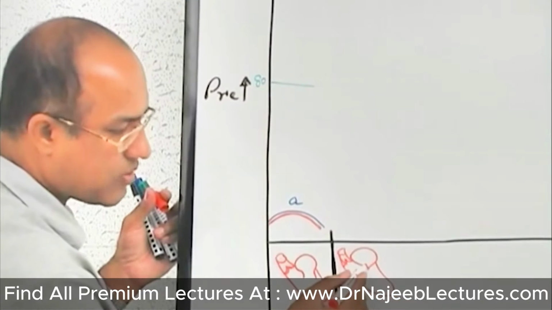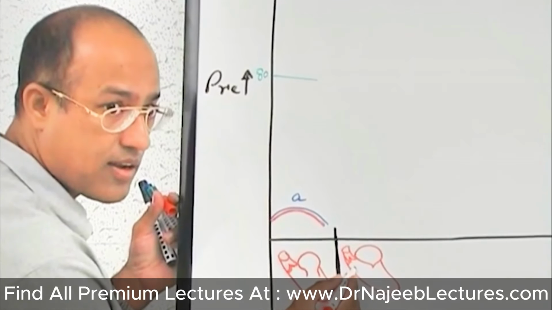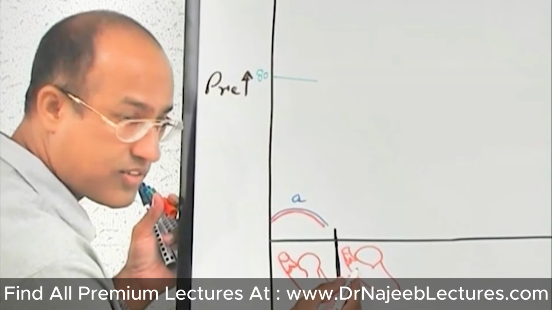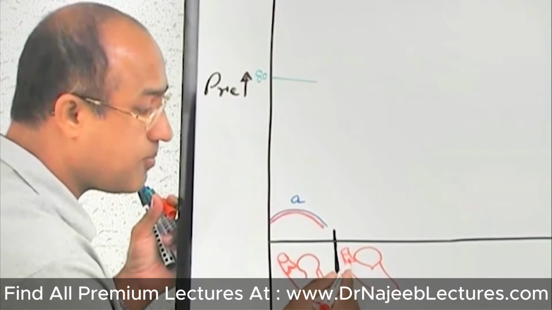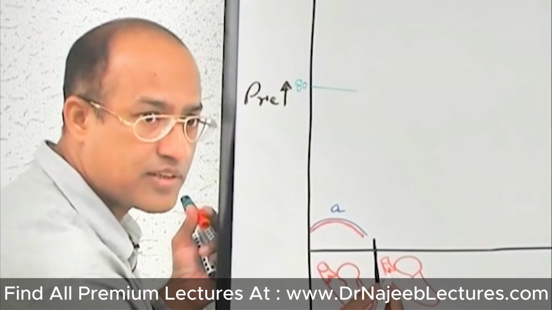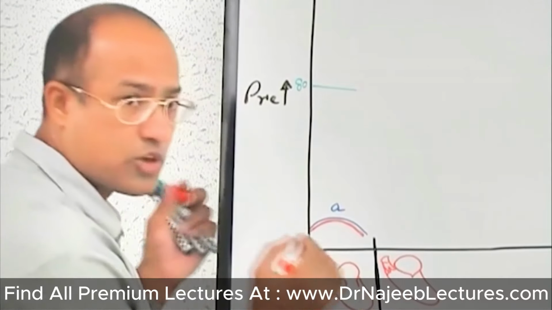Because the mitral valve is closed, pressure is rapidly building in the ventricle, but the aortic valve is not yet open, and pressure is jumping from the atrial pressure to the aortic pressure.